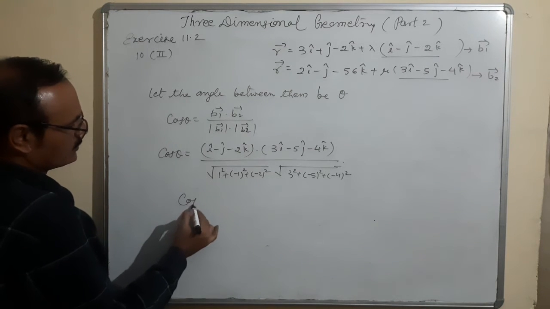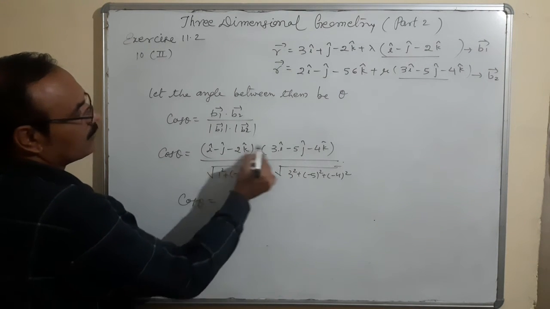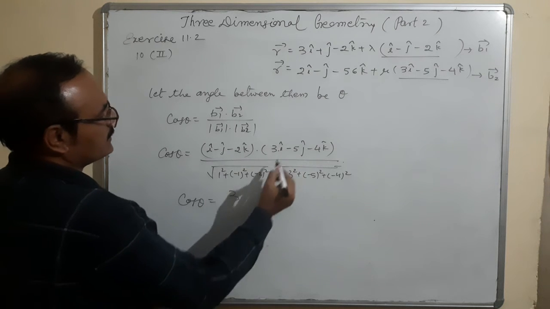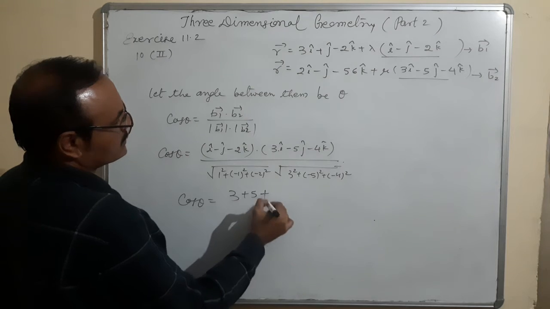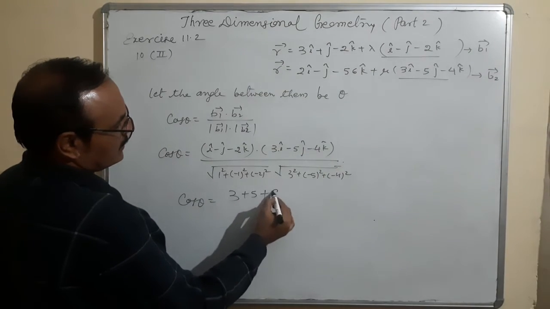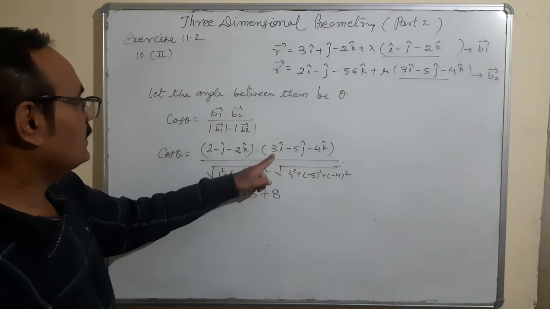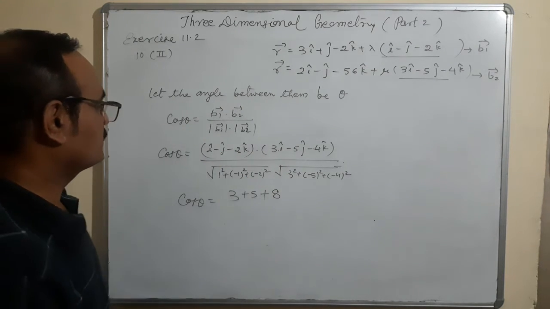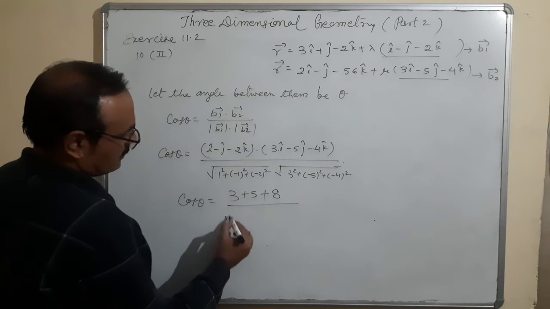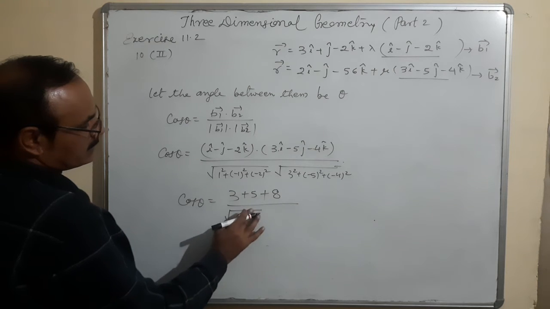Multiplying, 3 times i dot i gives 3, minus j and j gives plus 5, and minus 2 and minus 4 gives plus 8. So 3 plus 5 plus 8 upon root 6.